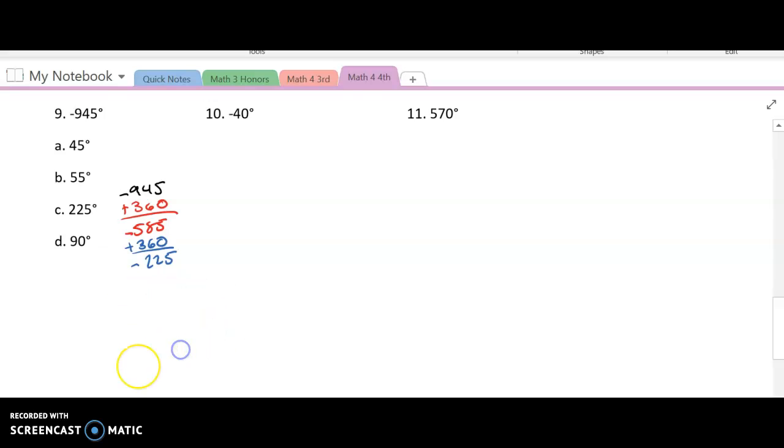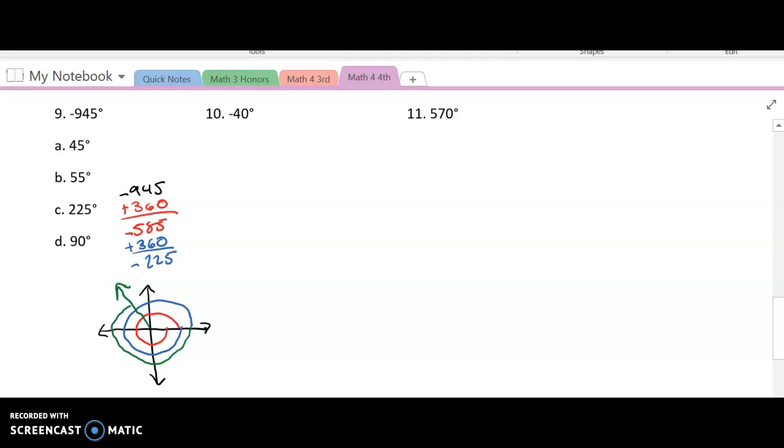My mistake was that because it's negative, we're not going to go counterclockwise, we're going to go clockwise. So we're actually going to go one time, two times, and then our remainder, which was 225, so this is 90, this is 180, and then since this is 270, we're going to be stopping here.